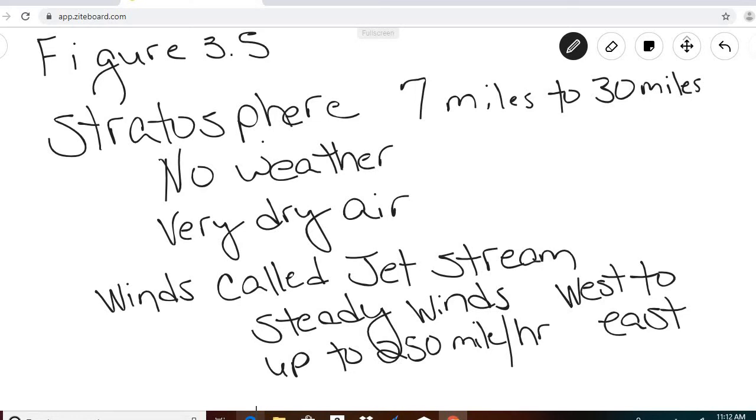So these winds blow at the top of or above the clouds. They do affect weather, and they steer the storms, and they also affect how pressure is different in different areas. So often when you listen to a weather report, they will give information about the jet stream, and you probably also know that most weather patterns come from the west, and that's because these jet stream winds blow from west to east, and they steer weather patterns as they do that.